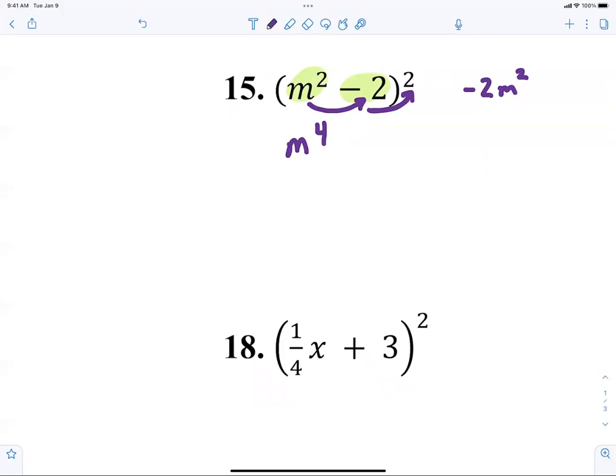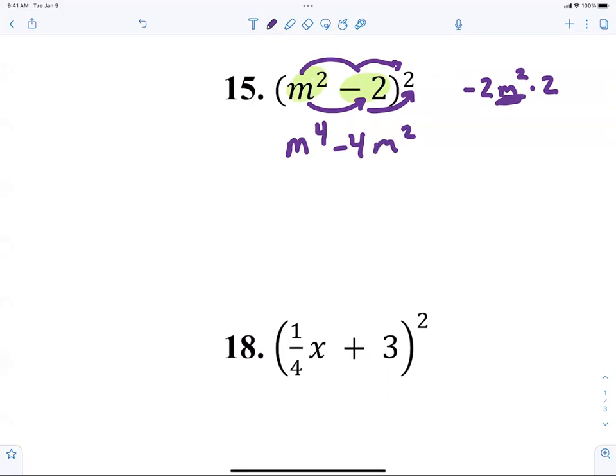What is that? You're just multiplying this times this times this. That's it. So negative 2 times 2, what's that? Negative 4. Negative 4 what? M squared. Then square the last term.